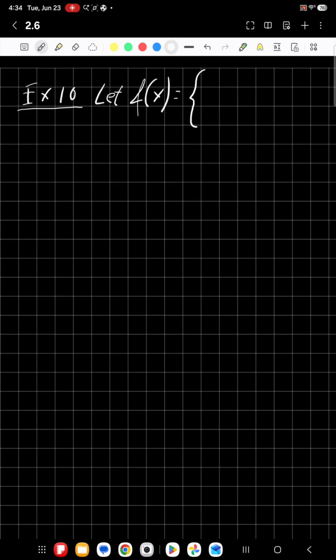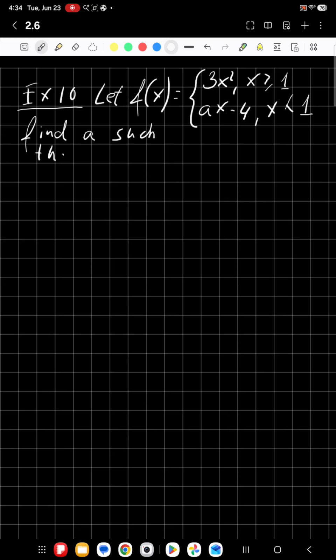It's 3x squared if x is greater or equal than 1, and then here we have ax minus 4 if x is less than 1. So what we need to do is find a such that the function is continuous.